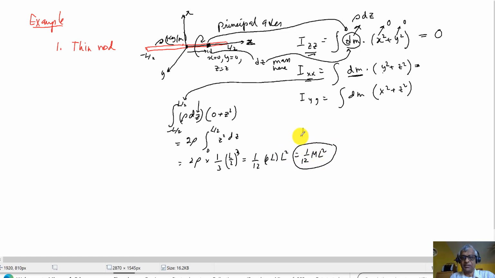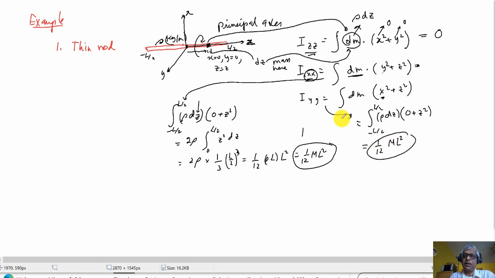So that's I xx. If you do this one, it will be exactly the same thing actually. Again, the rho dz for this, the x is 0 plus z squared, and the same range, exactly the same integral, so I don't need to do it: 1 over 12 m L squared.